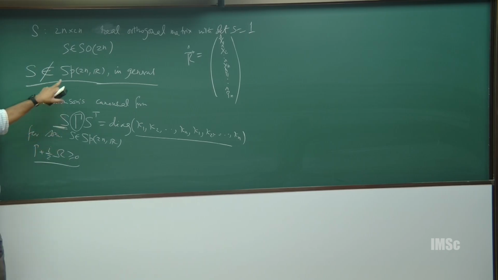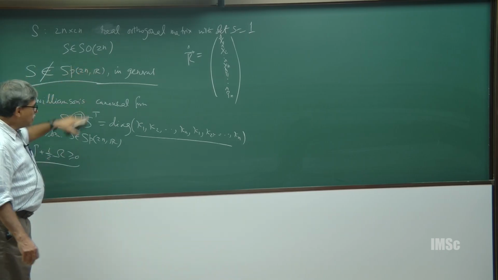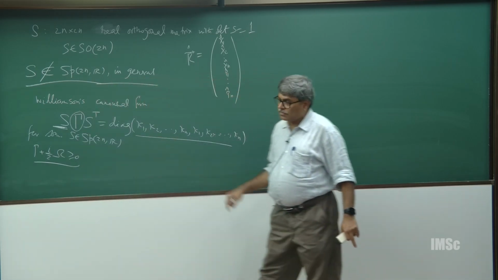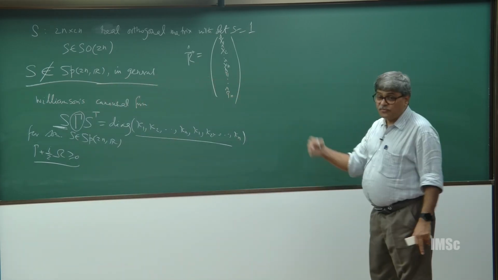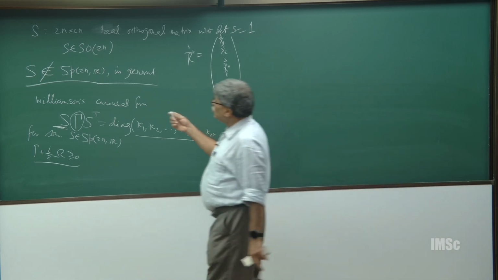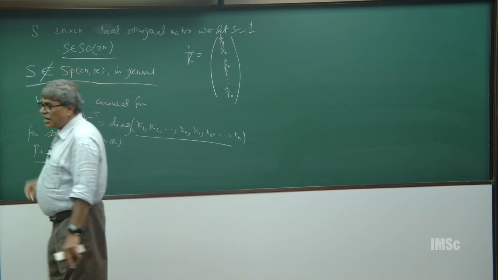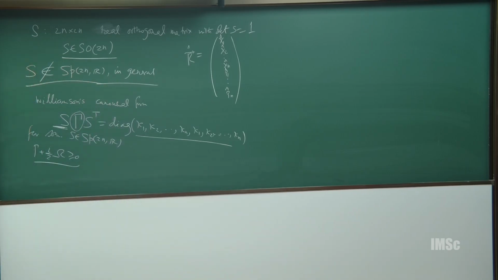That means elements of SO(2n) which can also bring it into this form. Unfortunately, we cannot look for arbitrary S, because that is not a symplectic transformation.